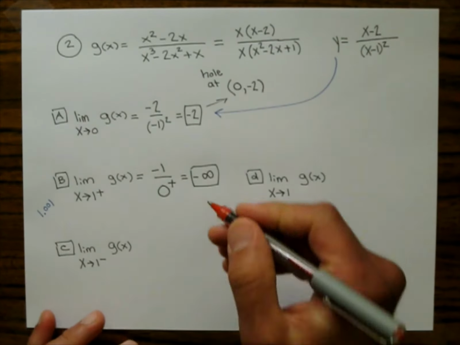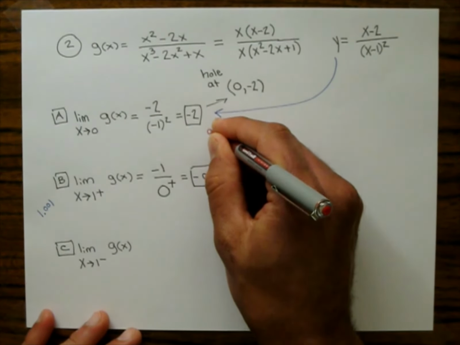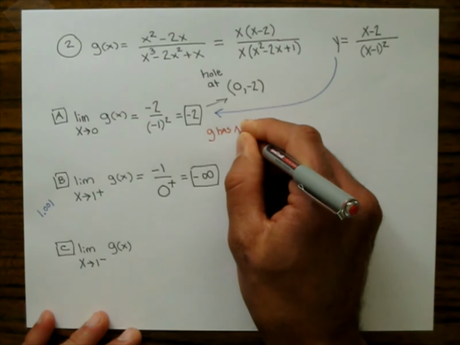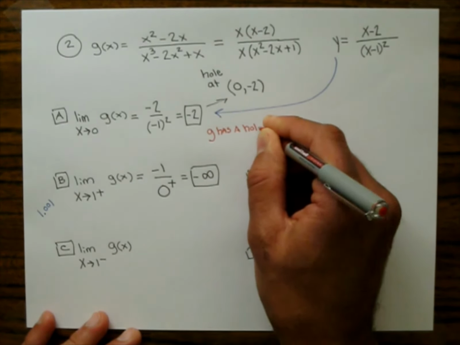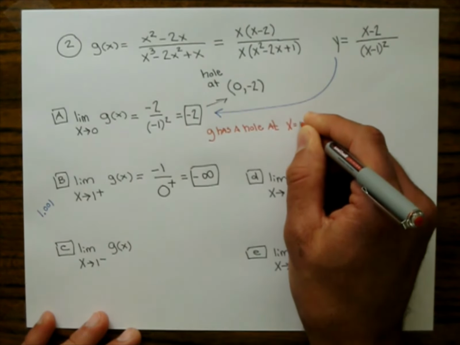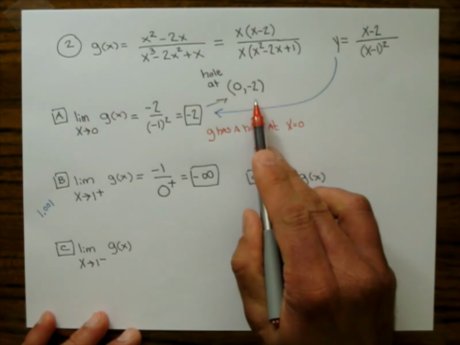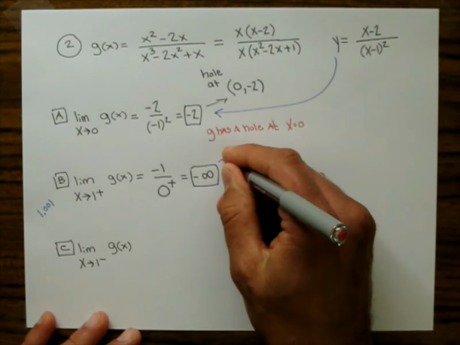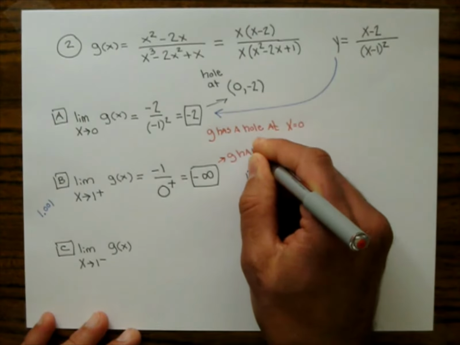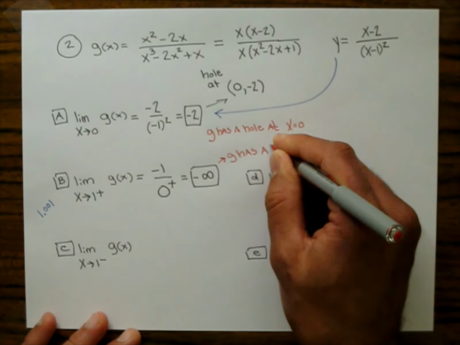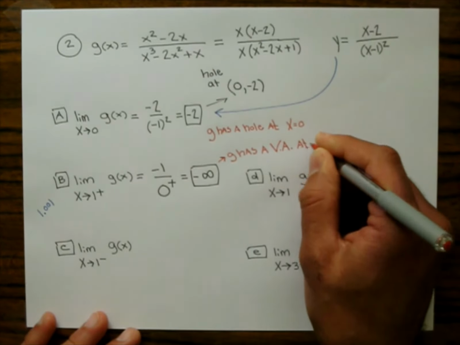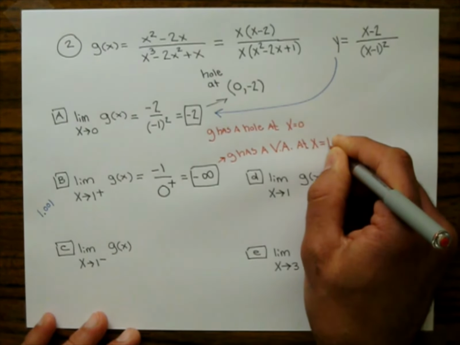So we see from this problem, not that we have to write this down, that G has a hole at x equals 0. We could actually say the hole is (0, -2). And then this one right here tells us that G has a vertical asymptote at x equals 1.